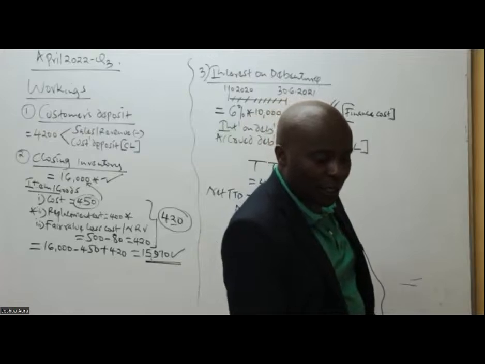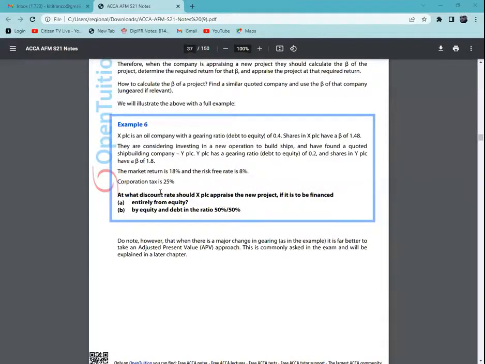So here we are. We're discussing this very important model called Hamada's model. You're told here XPLC is an oil company whose gearing ratio, debt to equity, is 0.4. Shares in XPLC have a beta of 1.48.